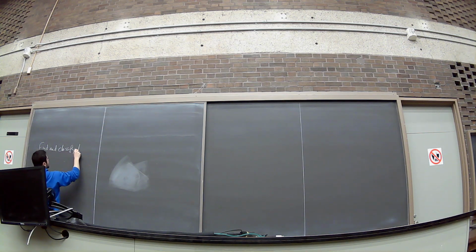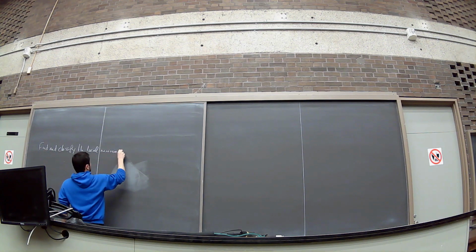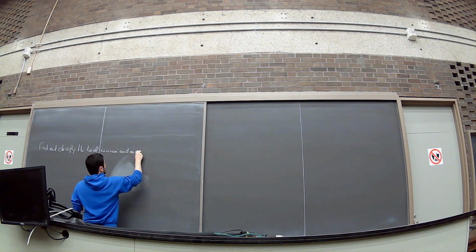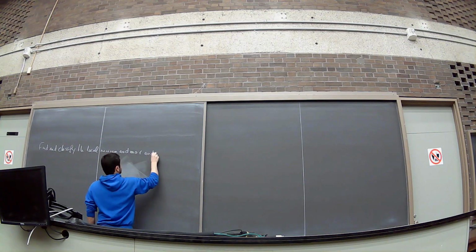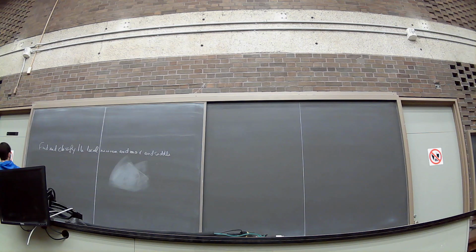Find and classify the local minimum and maximum and saddle points of f(x,y). What did I pick last time? It's (x minus y) times (1 minus xy).